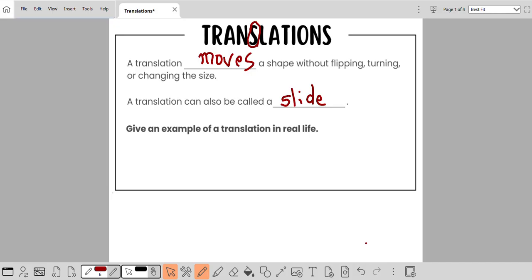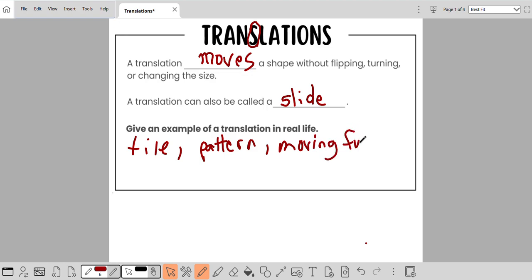So let's try to give some examples of a translation in real life. This might be like a pattern on furniture, especially if it is consistent. So it might look like floor tile. Okay, it might be a pattern of some sort that happens over and over again. It might be like moving furniture where you just slide it over.